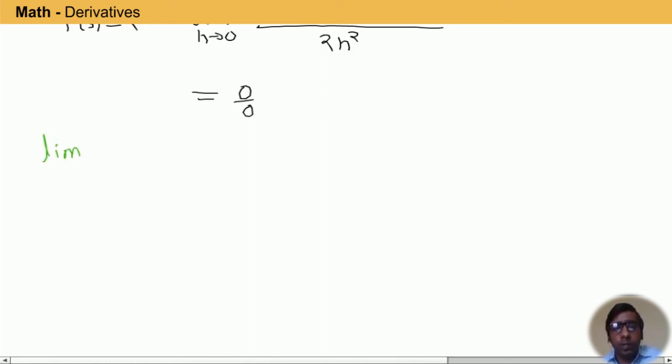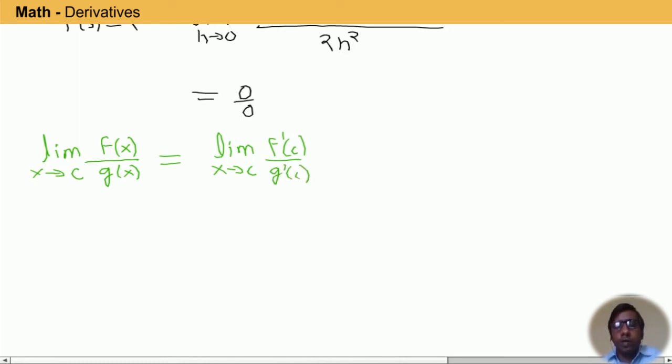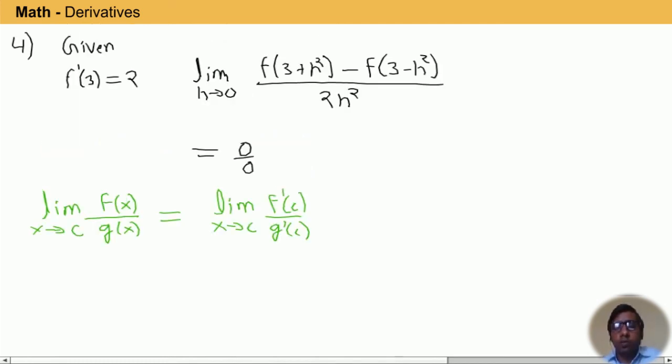Let's say x approaches to c, instead of h approaches to 0, limit of f(x) over g(x) is equal to limit x approaches to c of f'(x) over g'(x). Here we can apply that rule, L'Hospital rule. By applying L'Hospital rule, we can find the limit easily.